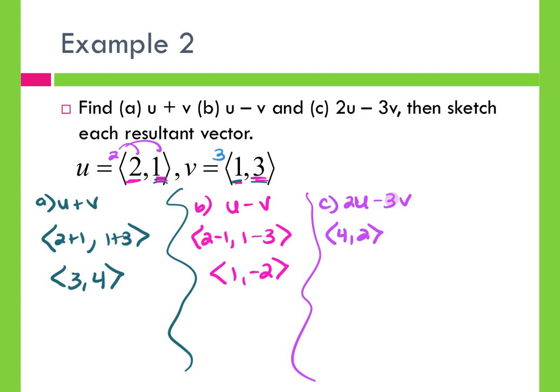You can either take positive 3 and then subtract them, or you can distribute in a negative 3 and then add them. It doesn't matter which way you do that. But if I do positive 3, this is still minus. And distribute here, I'd get 3, 9. And now I subtract. So 4 minus 3 is 1. 2 minus 9 is negative 7.